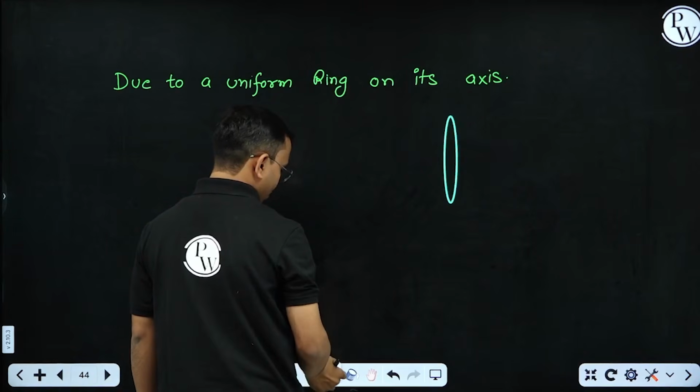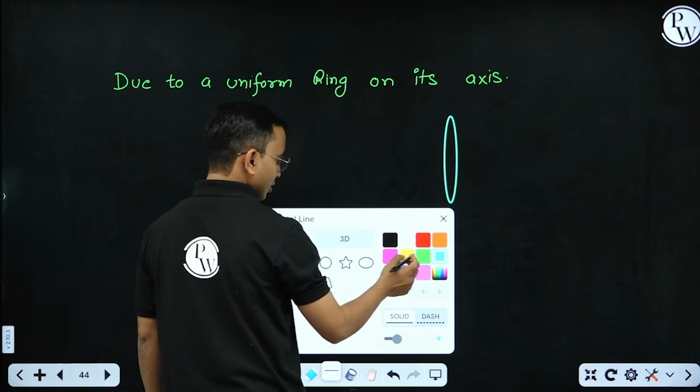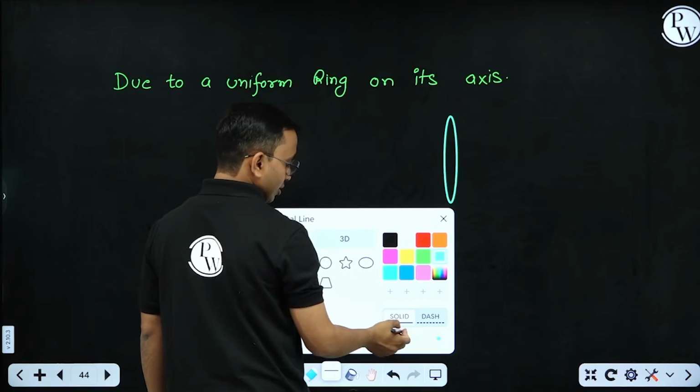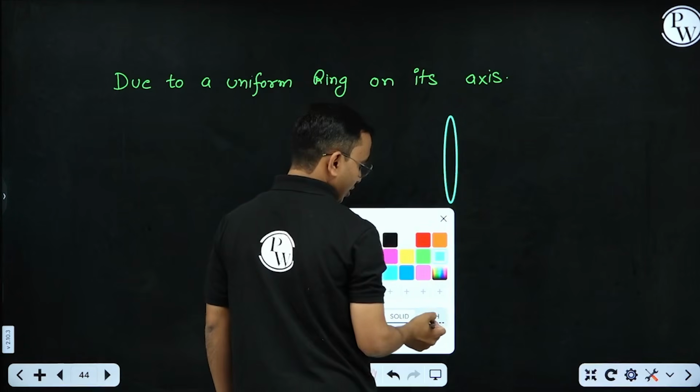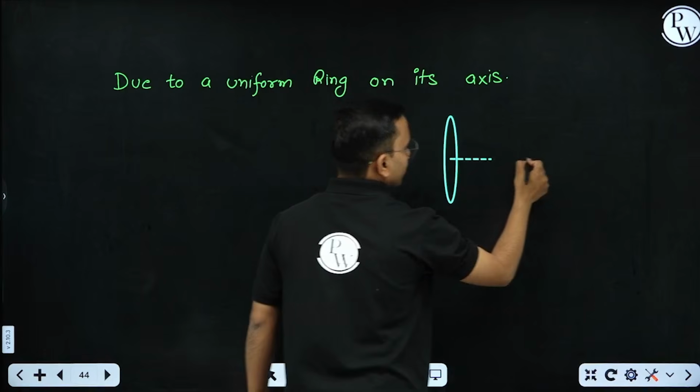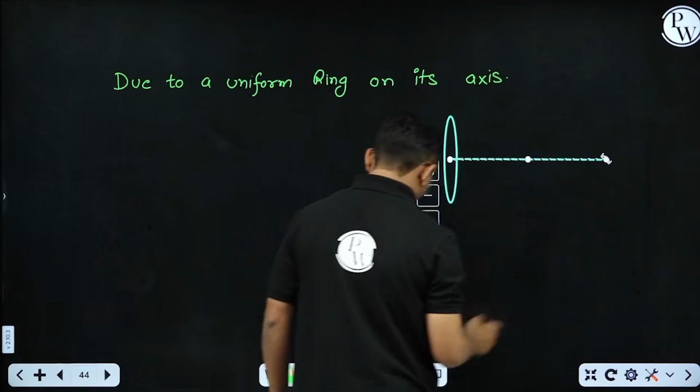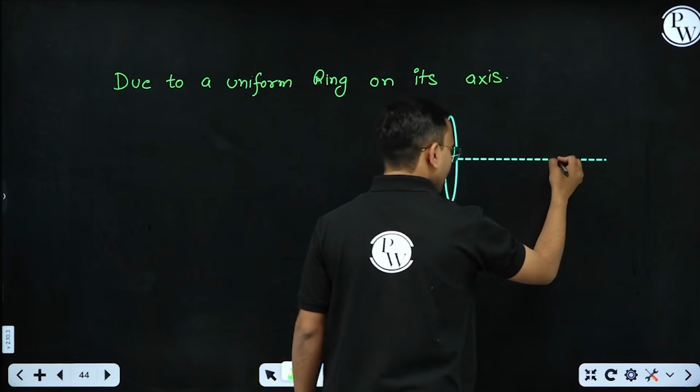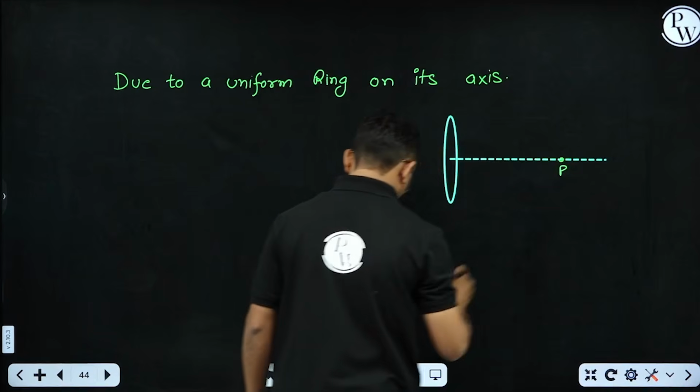Draw the axis of this ring. Okay. I need to write potential at this point P.